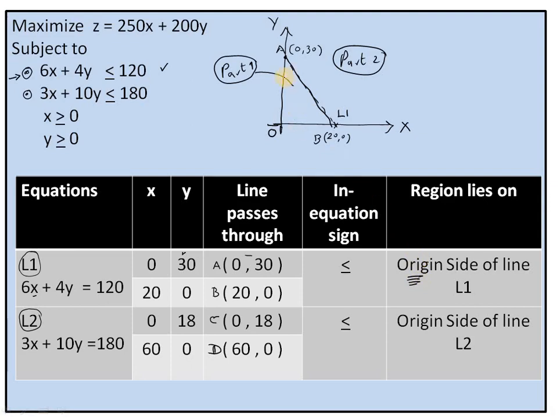If the origin doesn't satisfy, my region goes to the opposite side. So the feasible region will be in this direction. Understood what this means? This is the feasible region of line L1. Similarly, we can find line L2 and find the feasible region of line L2. Understood, children? Now let's look at the next graph.